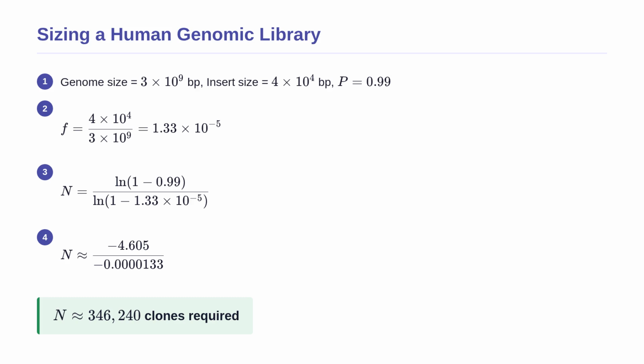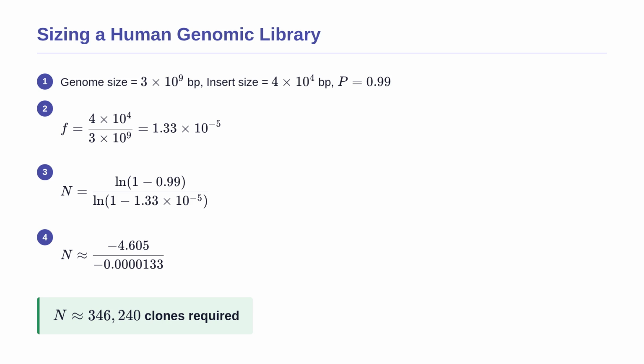Before we move on, let us see this formula in action with a concrete example. Suppose we want to construct a human genomic library. We are given a massive total genome size of 3 billion base pairs, an average insert size of 40,000 base pairs, and we want to be 99% certain our target gene is present. First, we find the fraction F by dividing the insert size by the total genome size, giving us a very tiny decimal.